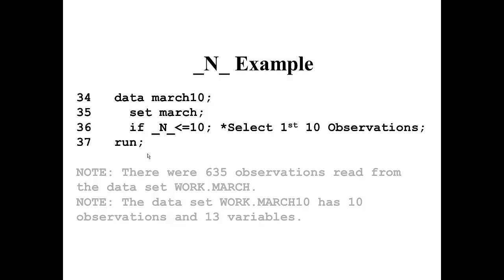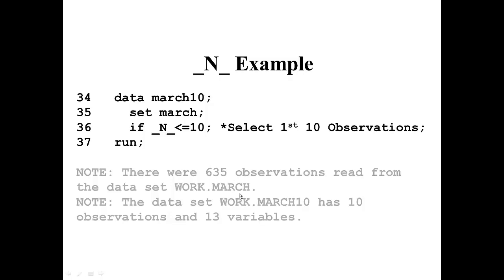We're creating a data set called March 10, and we're just interested in selecting the first 10 observations that appeared in the SAS temporary data set March. So we're using the _n_ to select out just those first 10 observations. And we see here in our SAS log that there were 635 observations read from the dataset work.march.